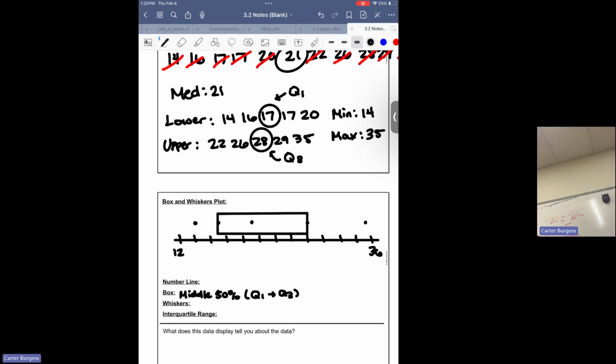We will also include where the median is, another line just to communicate, hey, this is where the center of our data is.